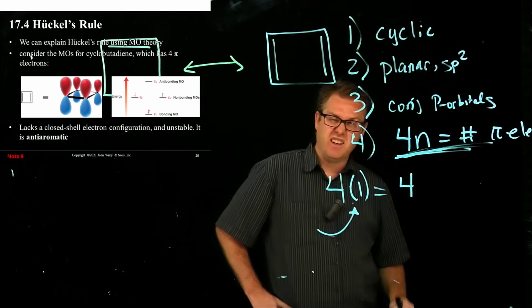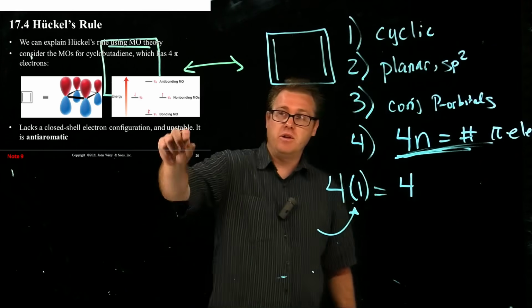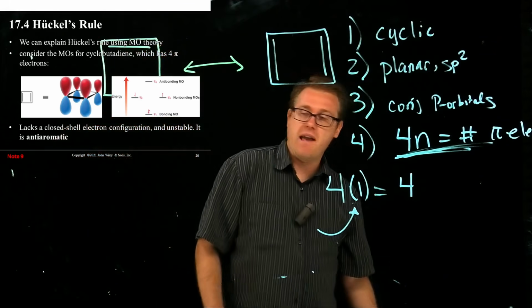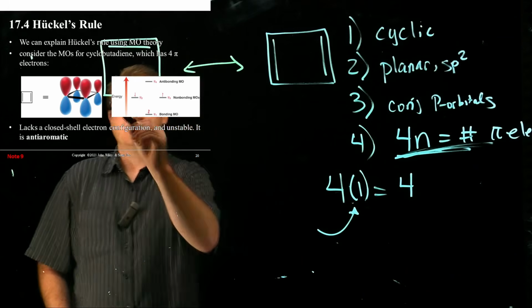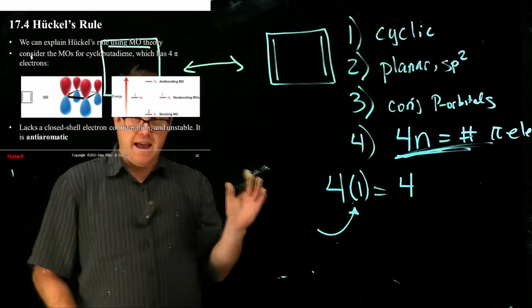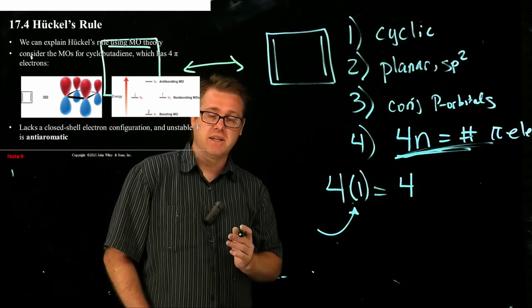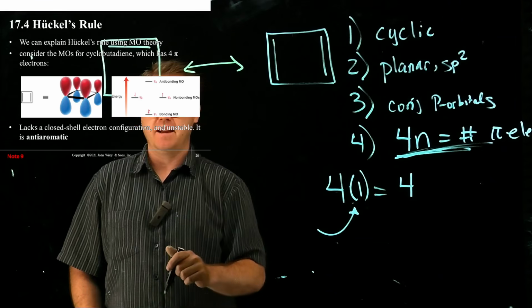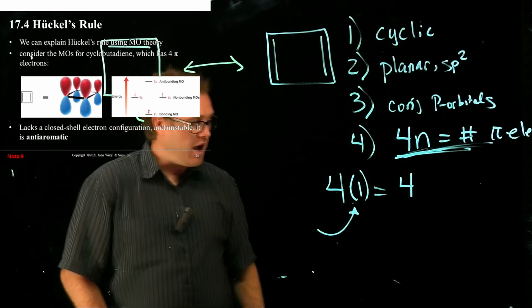What's interesting, this is so cool, is when you take your measuring tape and figure out the bond lengths, based off of what I previously taught you, you would expect the bond lengths to be exactly the same. But that's not what we observe.